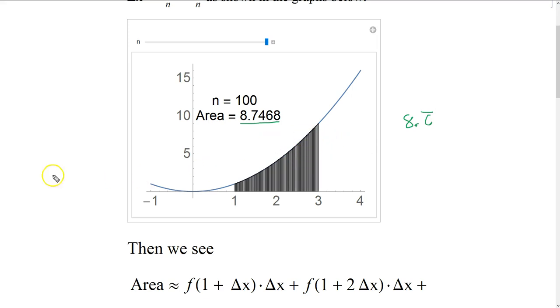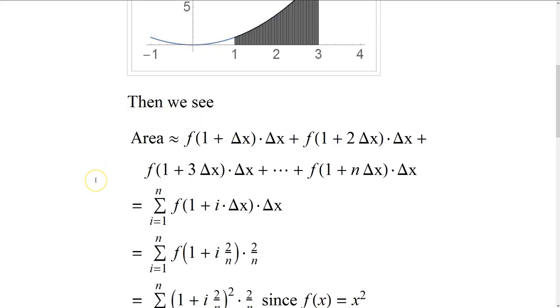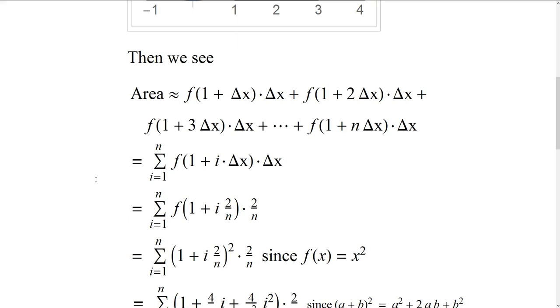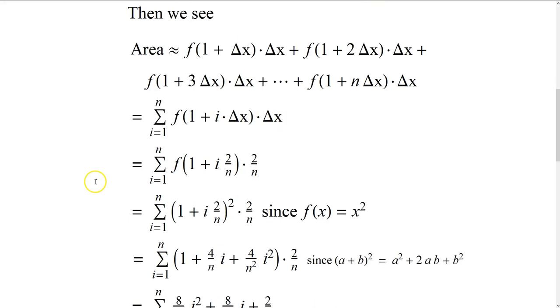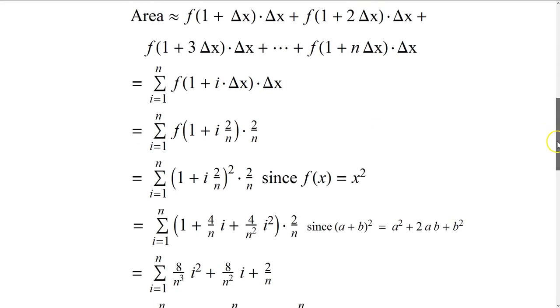So let's continue down here. So we see that this is how we can represent our area. This quantity right here represents the sum of the area of the rectangles. And this is just using summation notation right here.